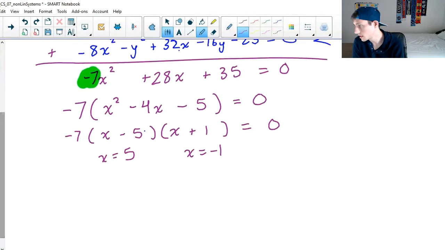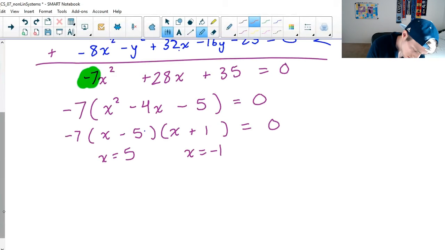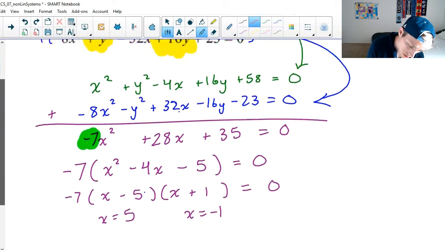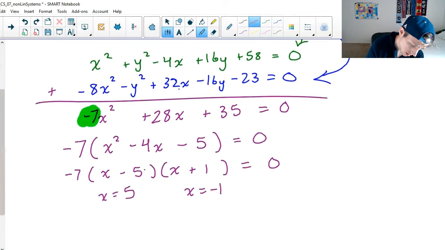So let's take these two x values and substitute them into one of our original equations. It doesn't matter which one. Let's say the first one, that green one that I had.